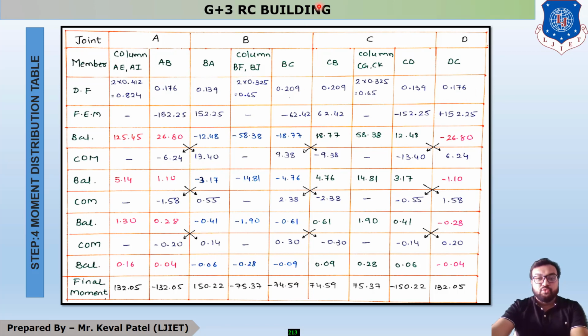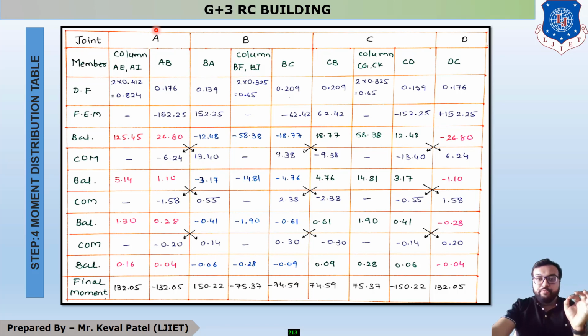It means you have to design for this table over here, and this is the mirror image from here to here. One check: this is junction A, and for all junctions the summation of distribution factor is always 1.000.